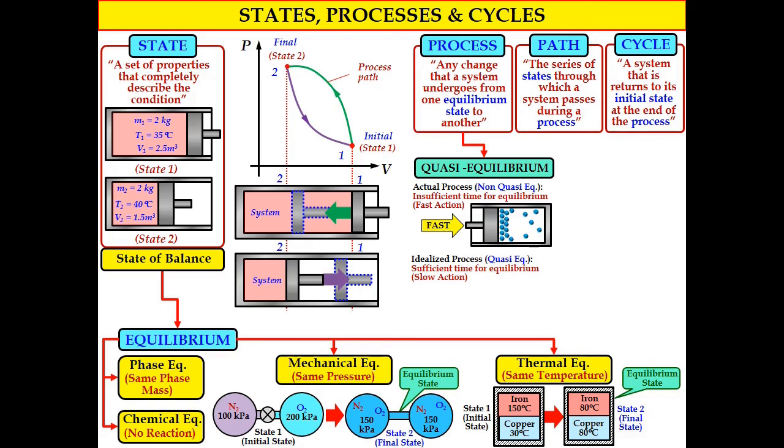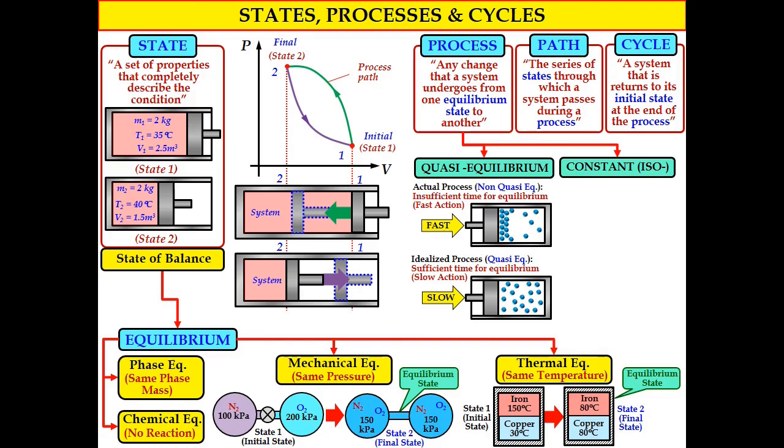Okay, so quasi-equilibrium is the idealized process, where we consider sufficient time for equilibrium. We assume that the piston moves very slowly, so that the particles or molecules inside the cylinder have enough time to distribute evenly in the cylinder. That is the meaning of quasi-equilibrium, and the difference between non-quasi-equilibrium and quasi-equilibrium.